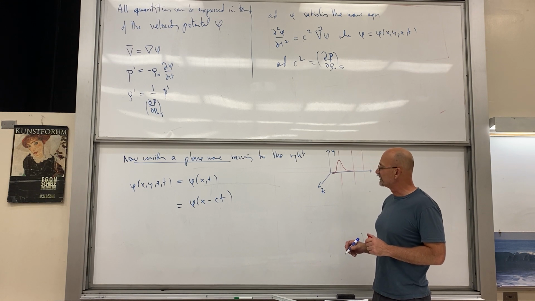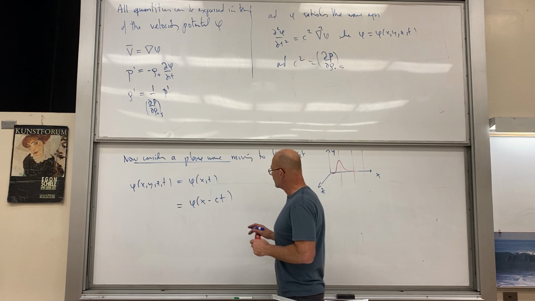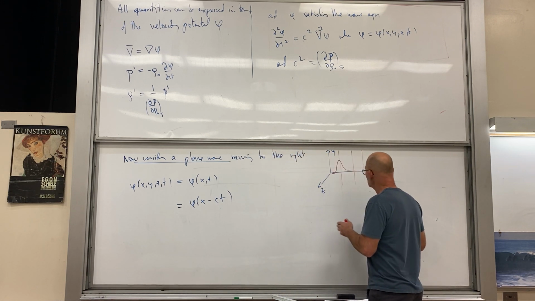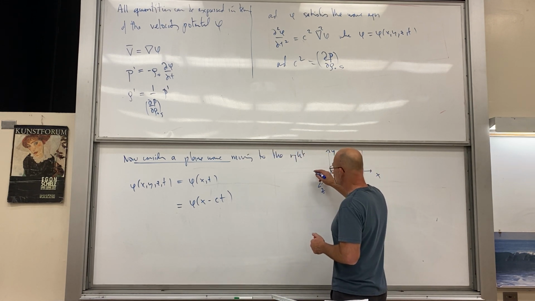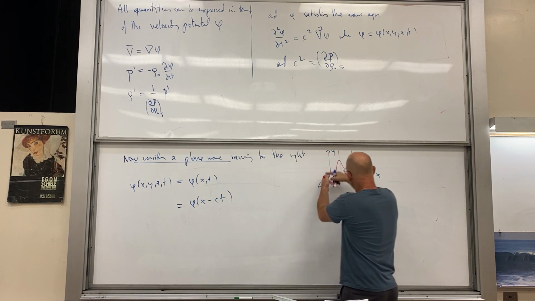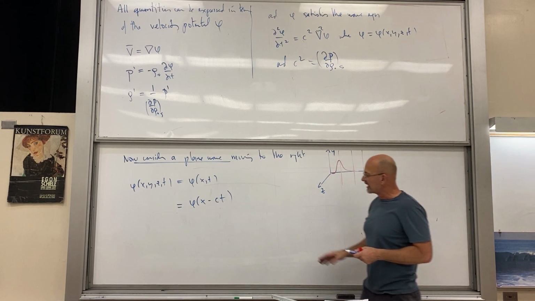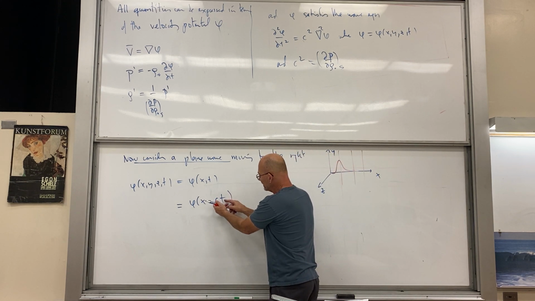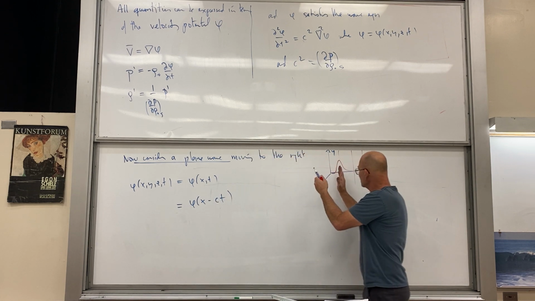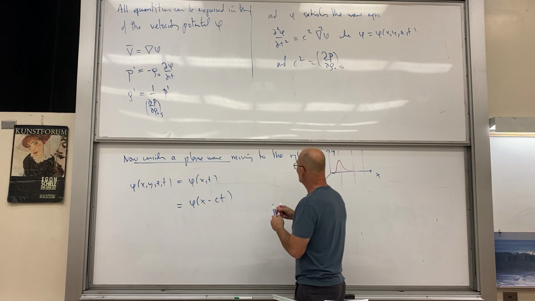Phi of x minus ct, for some function phi of x of one variable that would form this pulse. For example, this red pulse here is phi of x. And as t runs, the x minus ct equals 0 point moves to the right. Okay, so that's a right traveling plane wave.